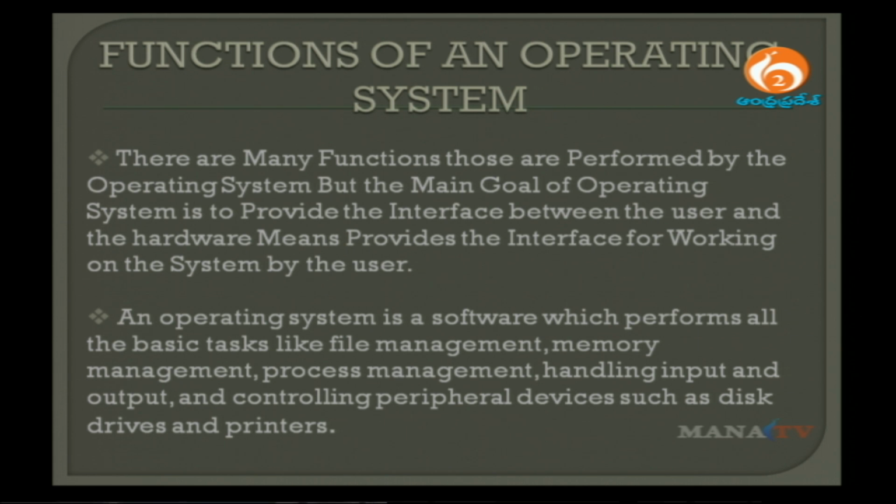So always remember that whenever I am talking about the functions of an operating system, it makes sure there is a proper interface, a basic conversation, between the user and the hardware of the system.